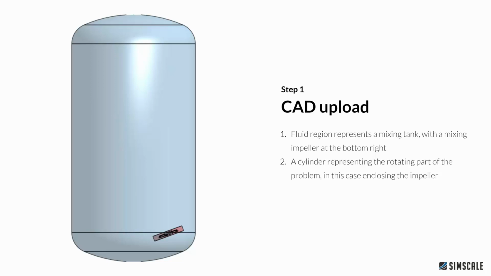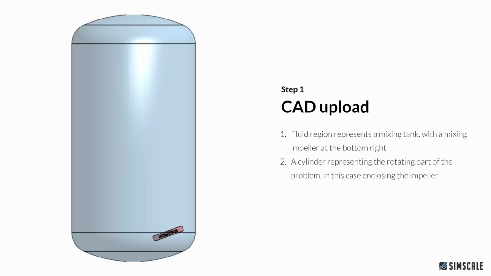So what we have represented in the geometry is the mixing tank itself and the impeller, which are both in grey. And also what we've done is we've added a rotational geometry, which is that little red cylinder. And when we come to setting up the simulation, that little red cylinder is actually going to be our rotating zone. So that is how we tell the simulation software anything in this region is going to be spinning. And we're going to define some setups, which I can show you on the platform later.